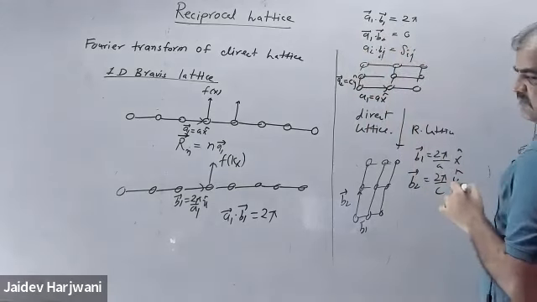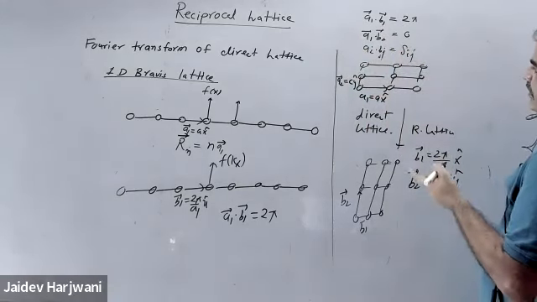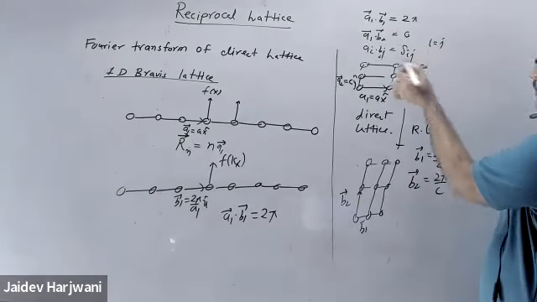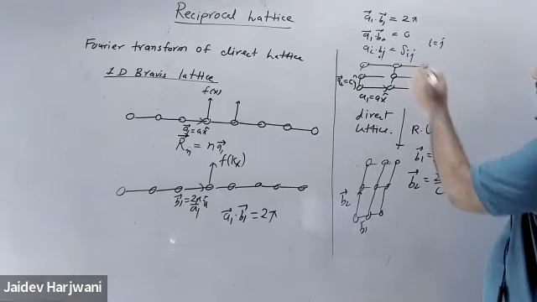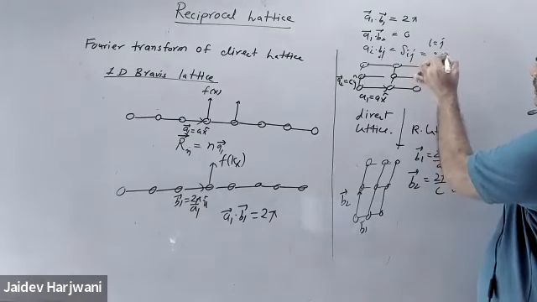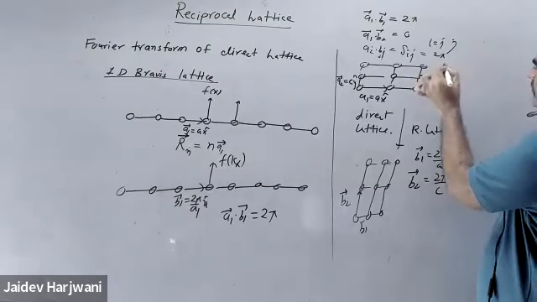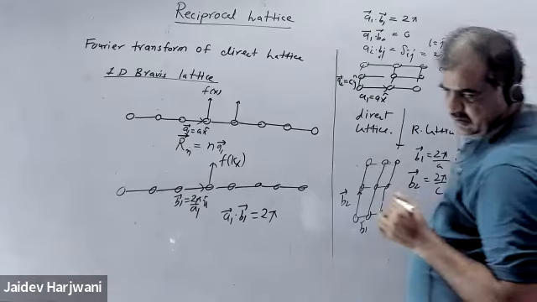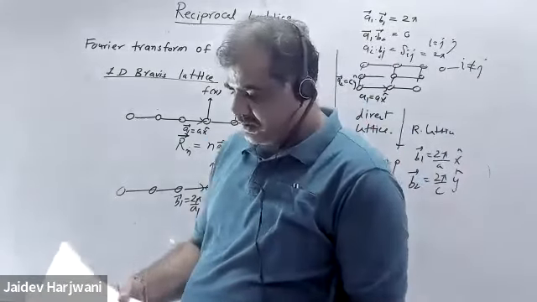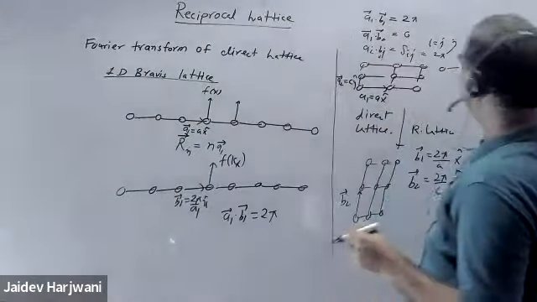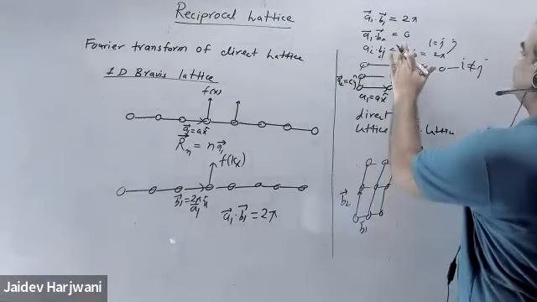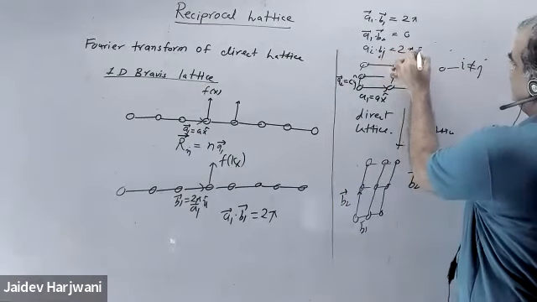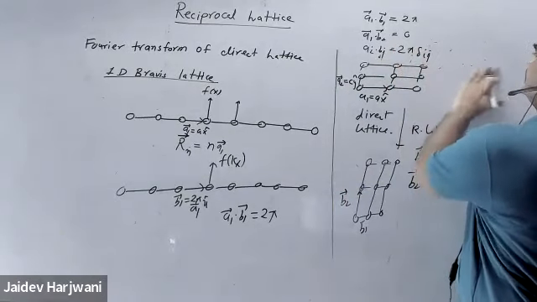The value comes only when both are the same, otherwise not. If i equals j then you will get the value 2 pi, otherwise it will be 0 if i is not equal to j. So it will be 2 pi delta ij. Write it as 2 pi delta ij, correct.